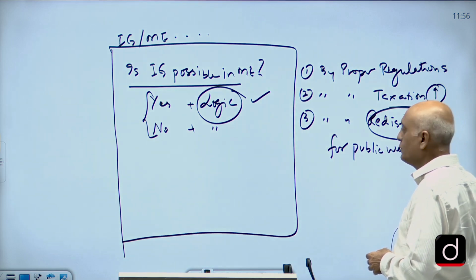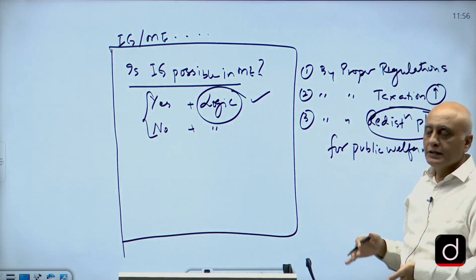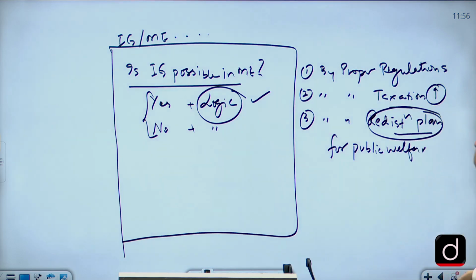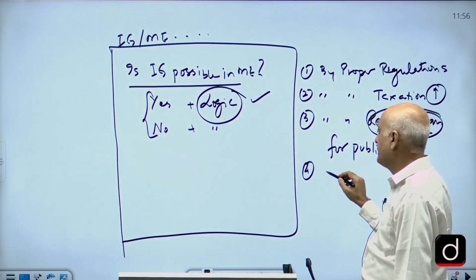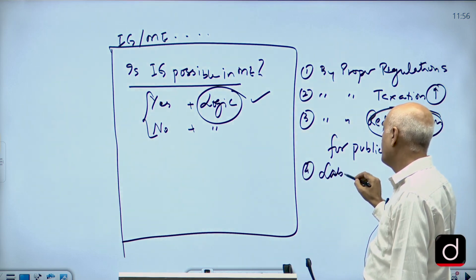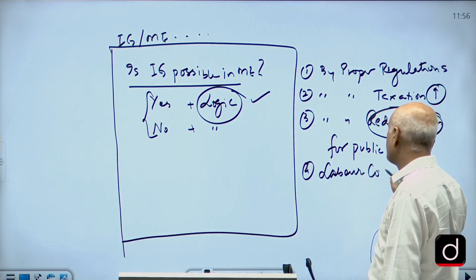So when the money moves from rich to the poor, then this is known as redistribution function. So government should be ready with a redistribution plan under which government should make sure that the rich people are funding the poor people. And if you want more points, then even labor codes can be simplified.